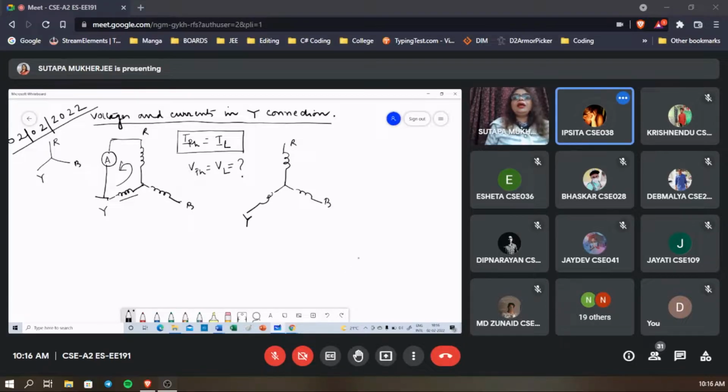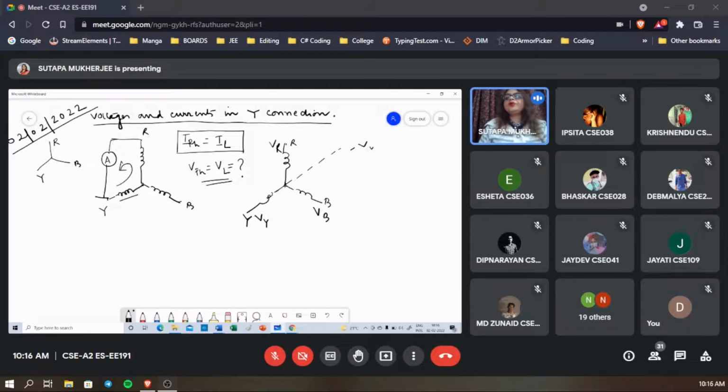No, ma'am. Why not? Basically, this is a particular phase and this is a particular phase. If you want to measure the voltage between two phases, definitely the phase voltage will not be equal to the line voltage. Line means, say, VRB. If you consider it like this, say this is VR, this is VB, and this is VY. So draw like this. This is minus VY.